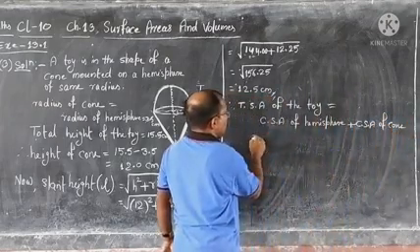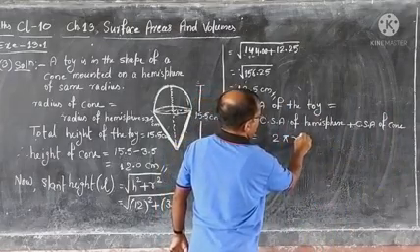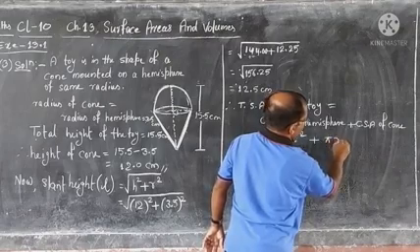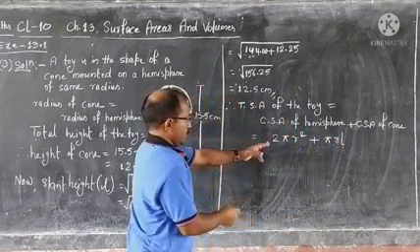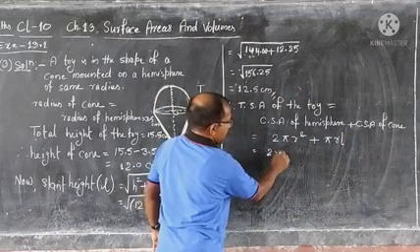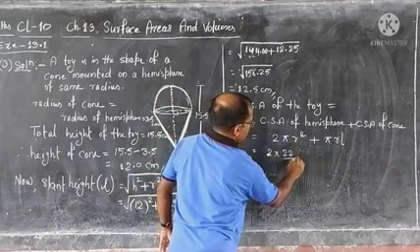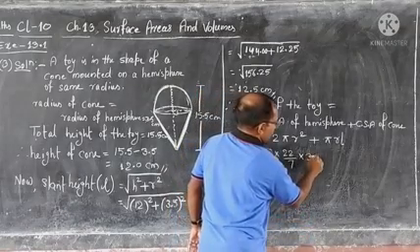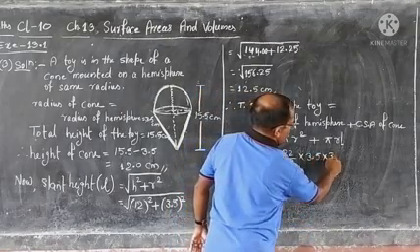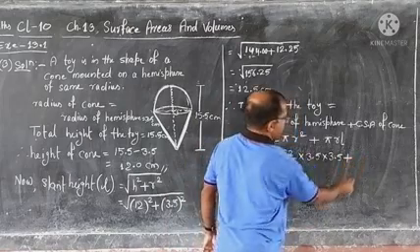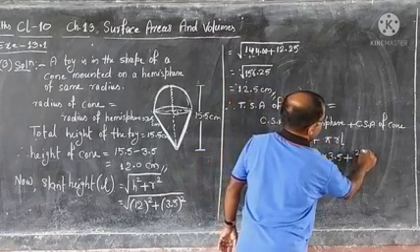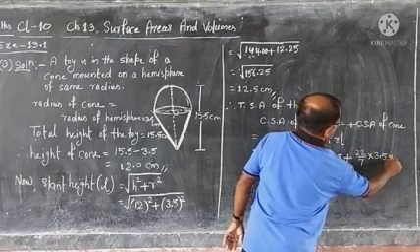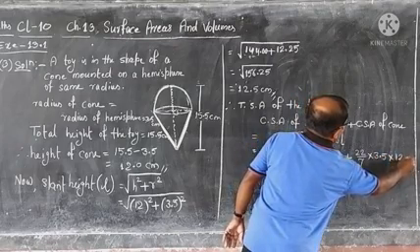We need to use both formulas, 2 pi r square, and curved surface area of cone, pi r l. As pi is 22 by 7, radius is 3.5, squared. So, 2 times 3.5 into 3.5 plus pi, 22 by 7, radius 3.5 and slant height 12.5.